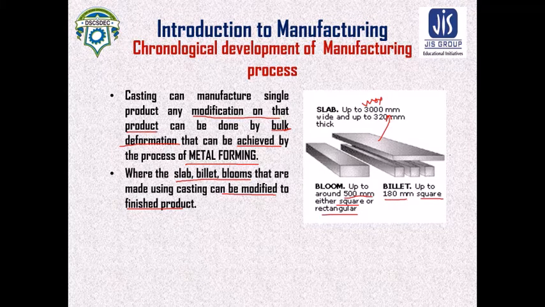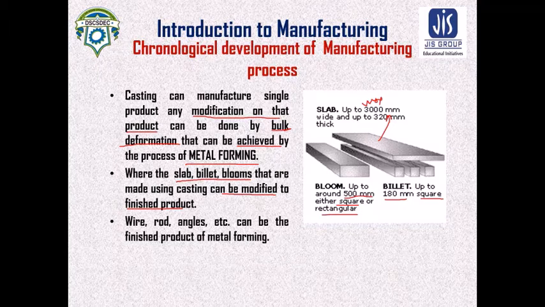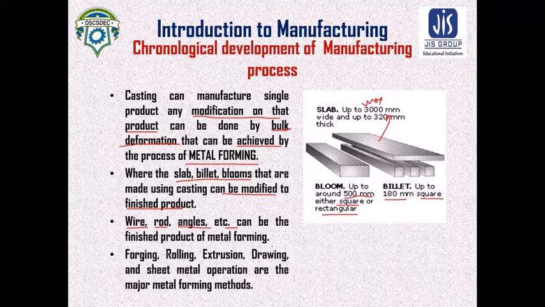From this casting product, we can modify them by using metal forming processes to weld, wire, rod, angles, etc. The major metal forming processes are forging, rolling, extrusion, drawing, and sheet metal operation.